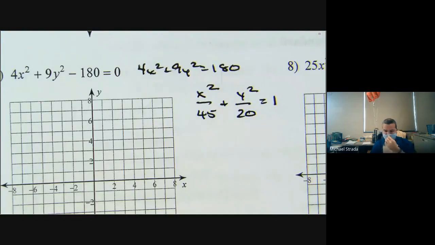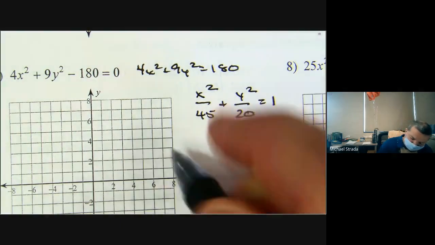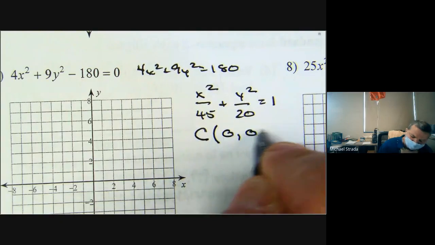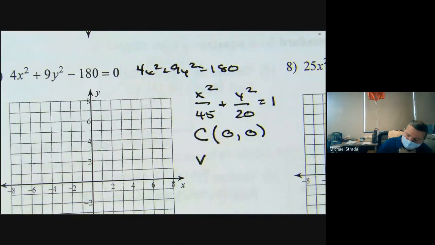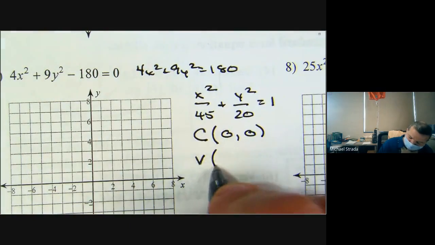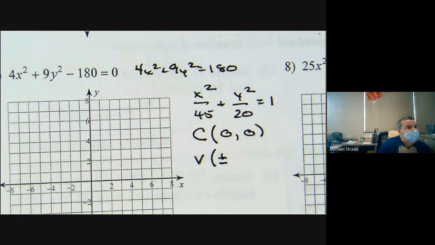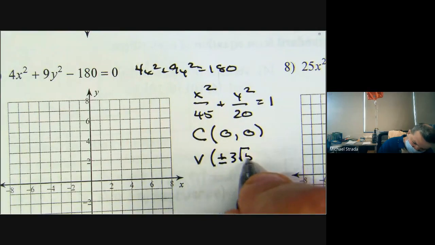Now, here's the thing. Your center is going to be what? Since there's no number being added or subtracted, 0, 0. Good. Your vertices: what's bigger, 45 or 20? 45. So now you're on the x-axis. So it's plus minus the square root of what? 45, which should be 3 root 5, and then 0.